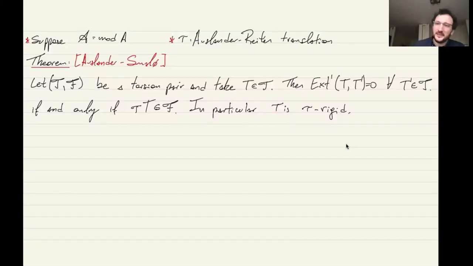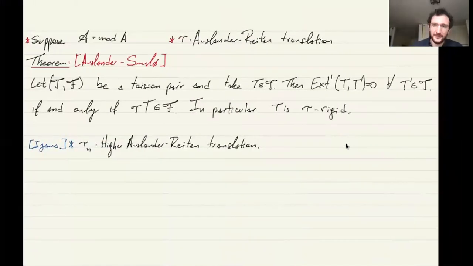In particular, this implies that this object T that we took is tau-rigid, okay? And actually, we were able to generalize this because, as was mentioned just before, Iyama introduced the notion of higher Auslander-Reiten translation, tau_n.